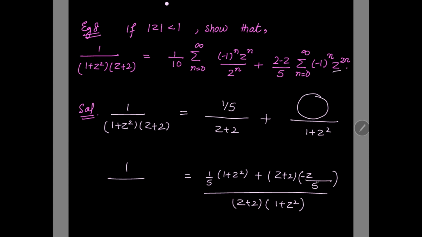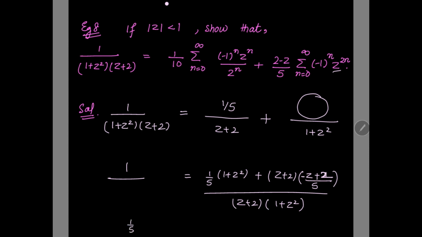So for plus 2z by 5, I should write here plus 1 minus 2z by 5, and then this is z, so I should get here 2, yes. Alright, let's simplify, let's check.